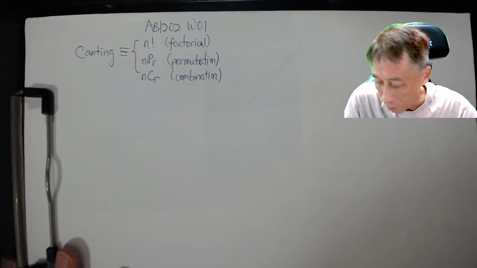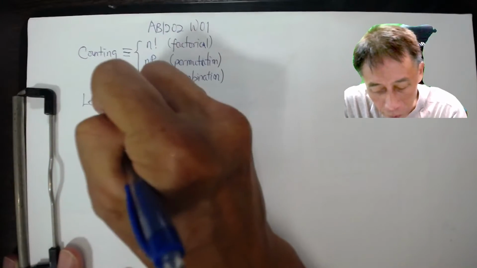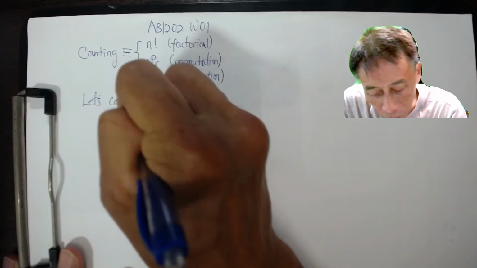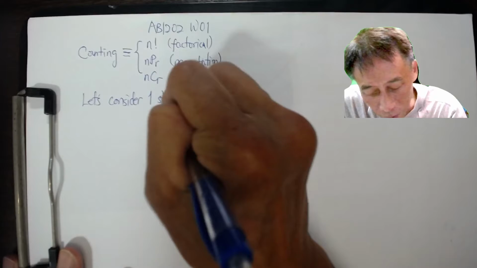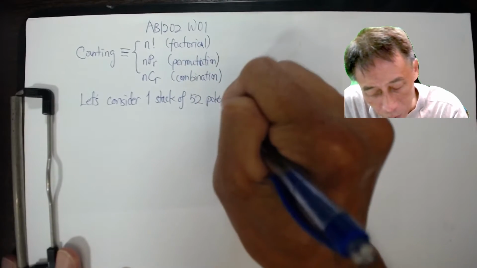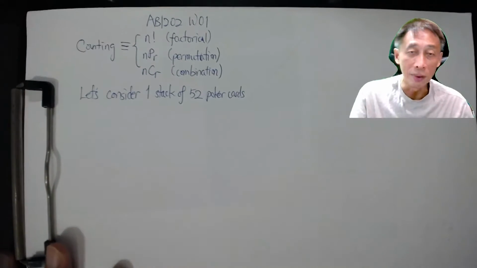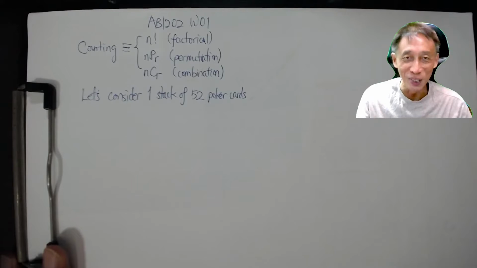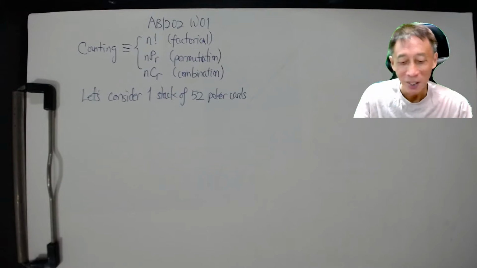Okay, let's begin with a stack of poker cards. One stack, just one stack, right, of 52 standard poker cards. We can also analyze dice, but dice is rather easy enough unless you have multiple dice. And if you have multiple dice, might as well just think about cards, right?